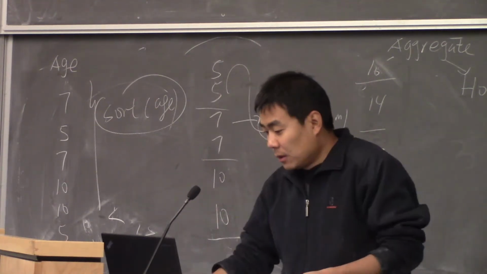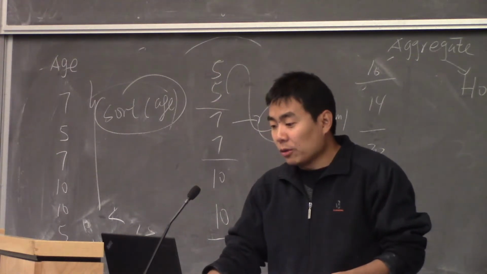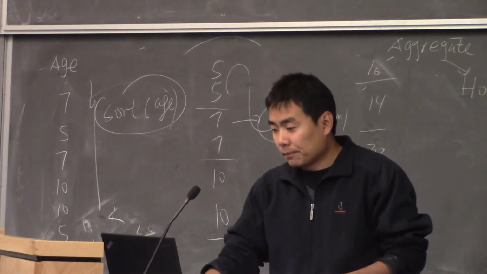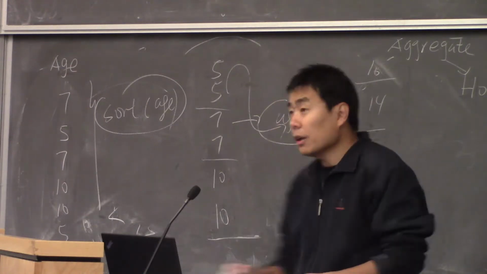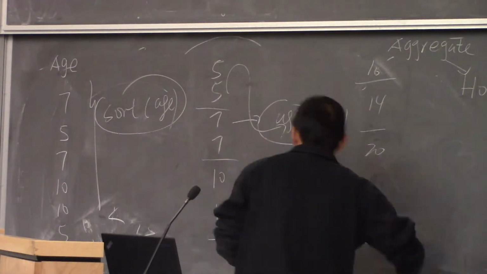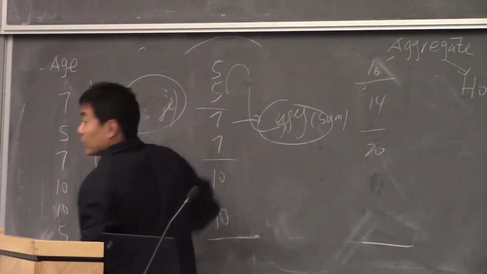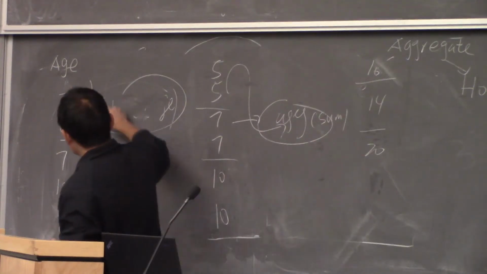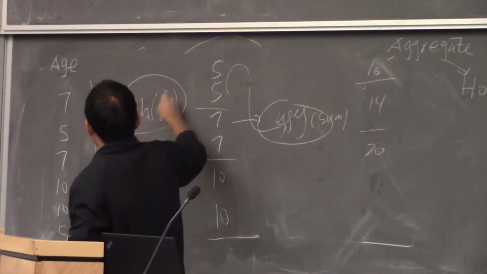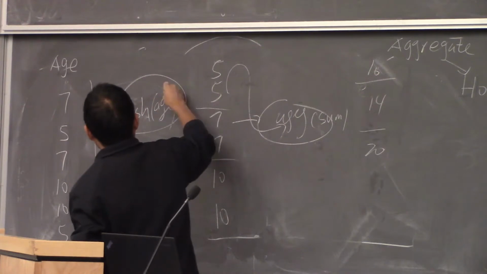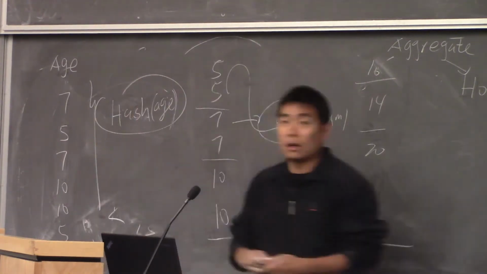Okay. An alternative to sort and aggregate is to use what? Which is the thing I discussed at the beginning of the class, which is hash. Of course, you hash on the age attribute.